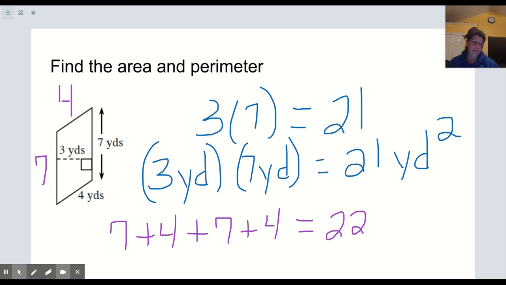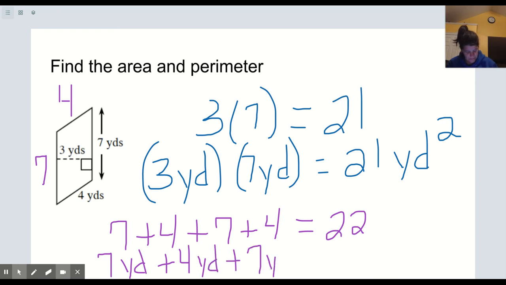And when we're talking about perimeter, we have linear units. So we could write 7 yards plus 4 yards plus 7 yards plus 4 yards. And that gives me a total of 22 yards.